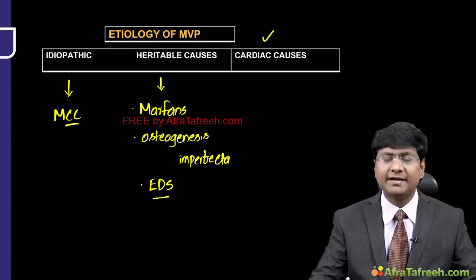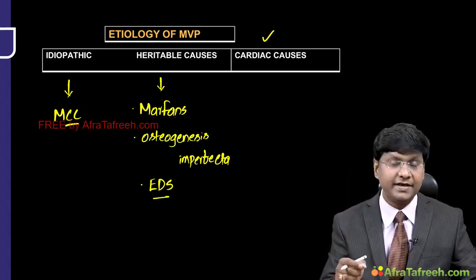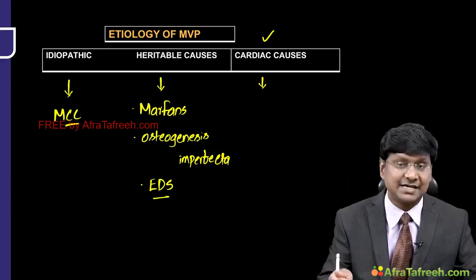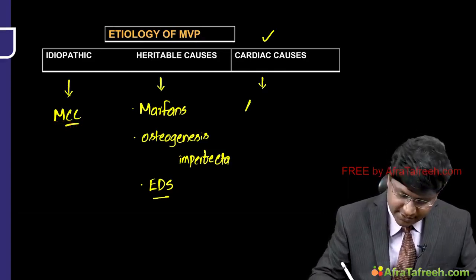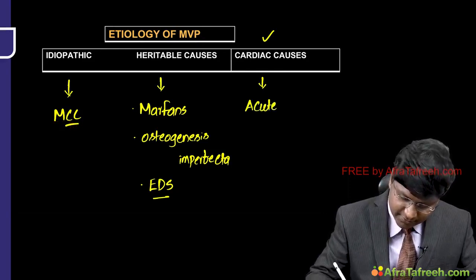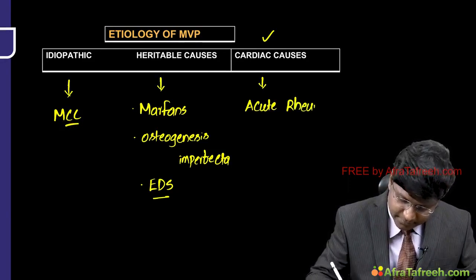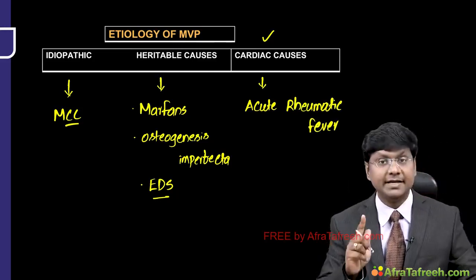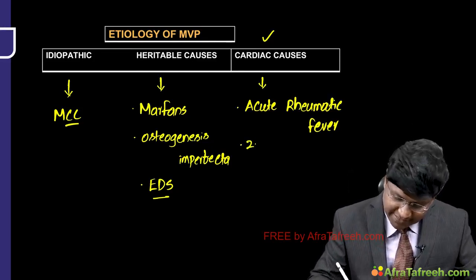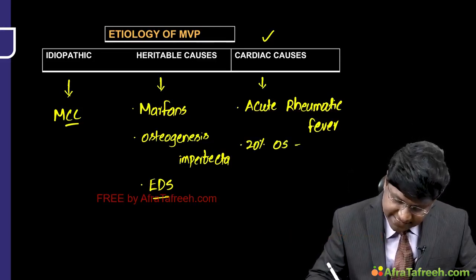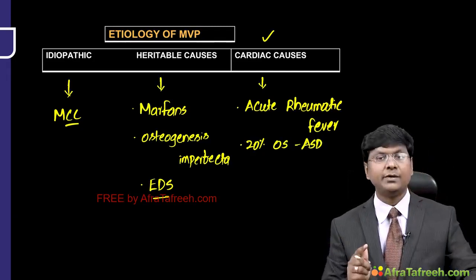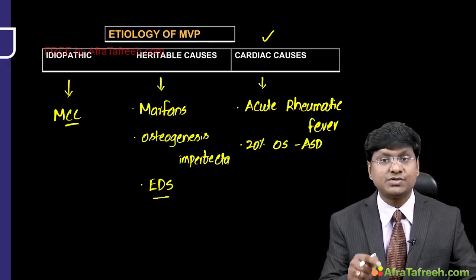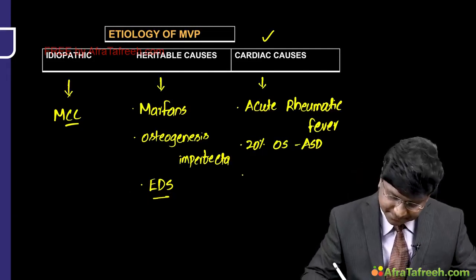Now, we have some cardiac causes as well that are associated with mitral valve prolapse syndrome. Number one, acute rheumatic fever. Number two, in almost 20% of cases of ostium secundum type of ASD, there can be associated mitral valve prolapse syndrome.